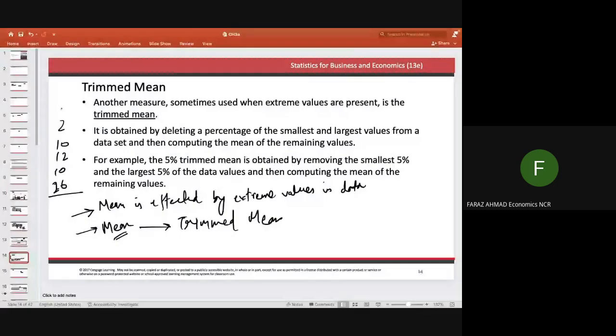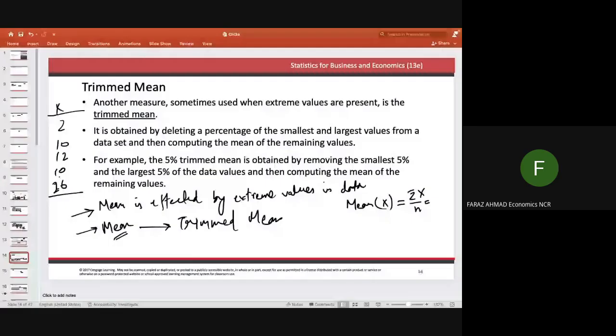If I ask you what is the mean of x, what would be your answer? Mean of x is equal to sum of x divided by the number of x's. If you add all of them, it would turn out to be 30, 32, 34, 40, 50, 60, 60 divided by 5.